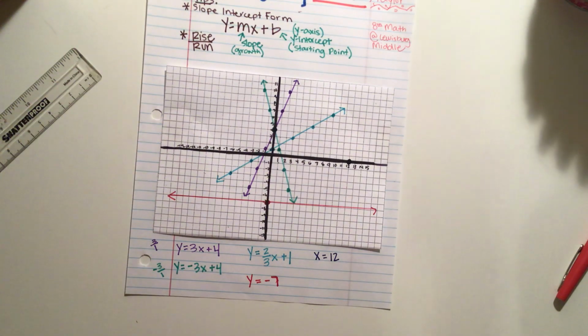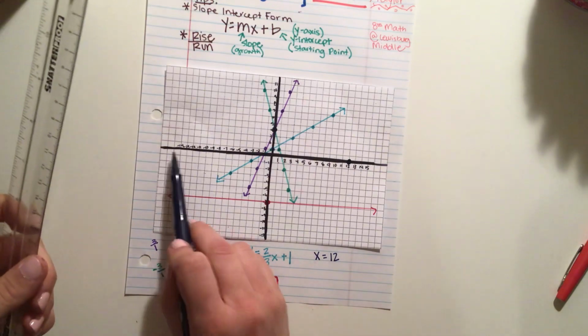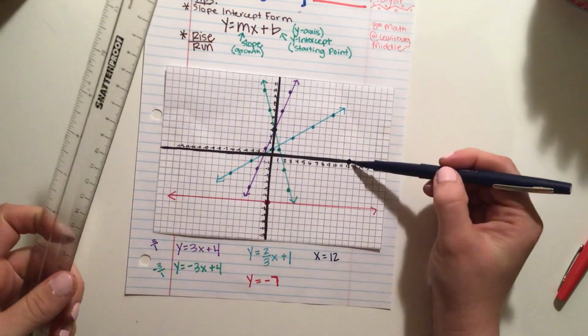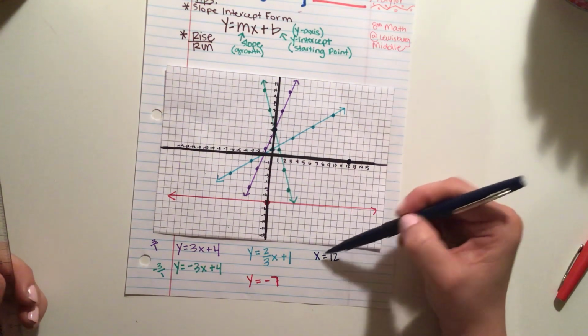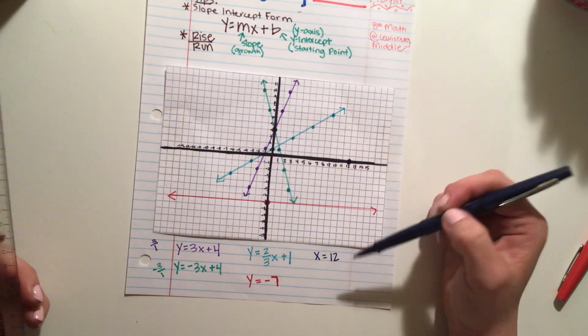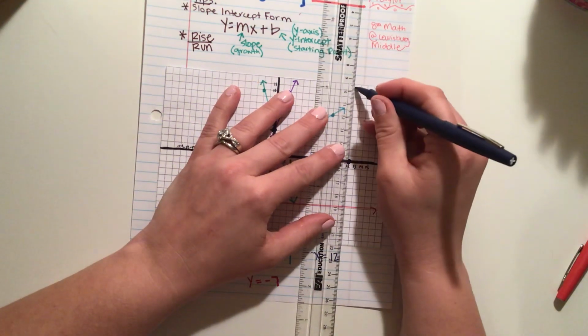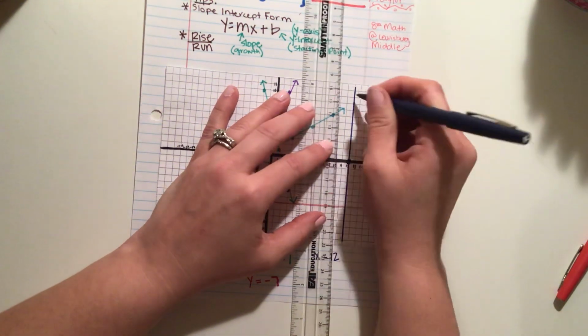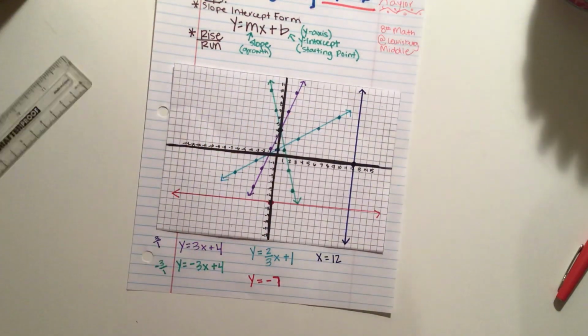It's not traditional slope-intercept form. I don't have any kind of slope. I don't have any kind of growth happening here. It's just x equals 12. So you're going to draw a straight line up and down. That's what an undefined line would look like. Going back to the 4 types of slope in my slope video.